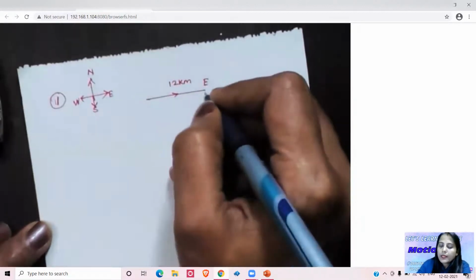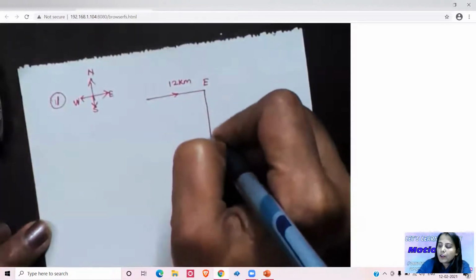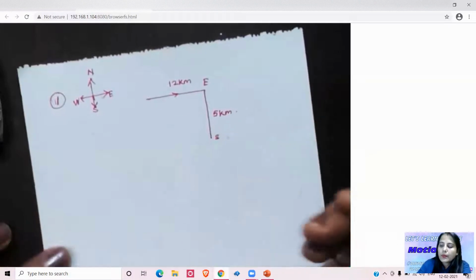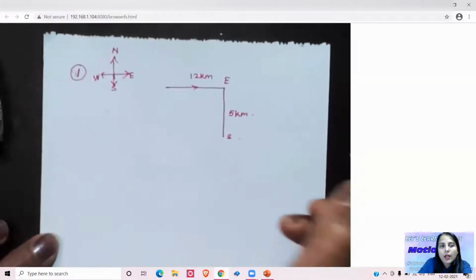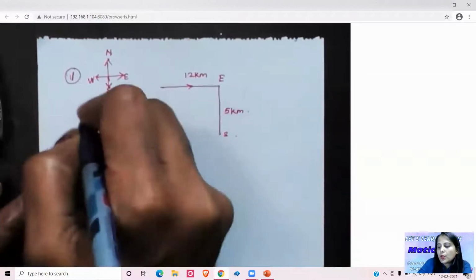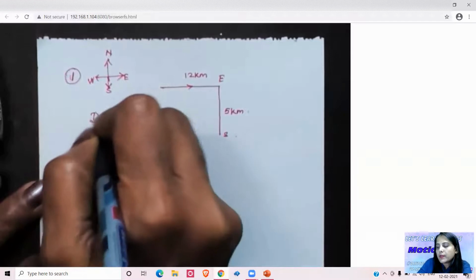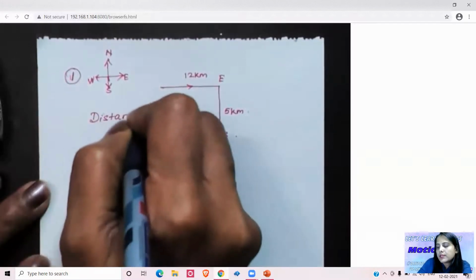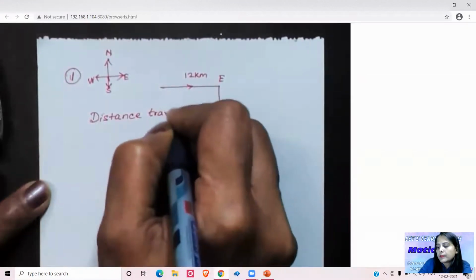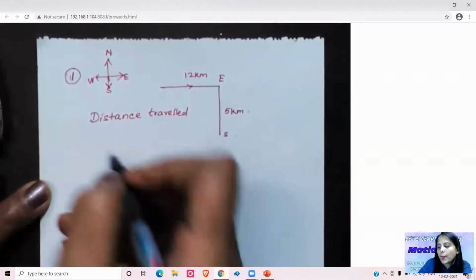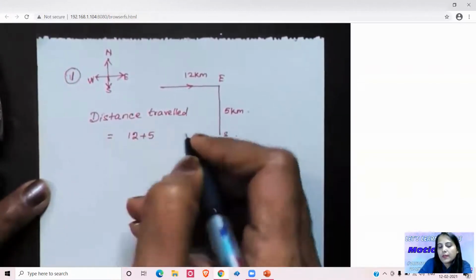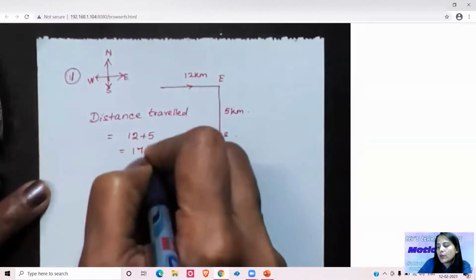And then he turned and went 5 kilometers towards south. Now we are asked to find out the distance and the displacement. So first we will write distance traveled is equal to 12 plus 5, that is 17 kilometers.